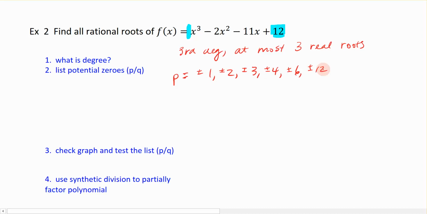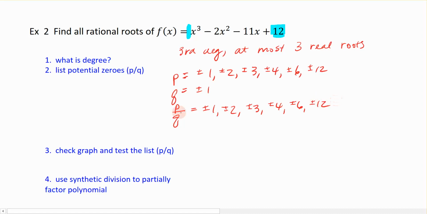All of these numbers are the factors of 12. Q is just a 1, plus or minus 1. So p over q is going to be just this whole list for p: plus or minus 1, 2, 3, 4, 6, and 12.